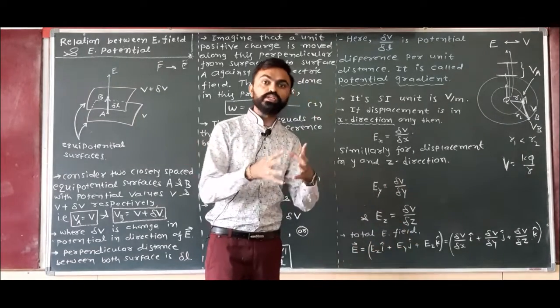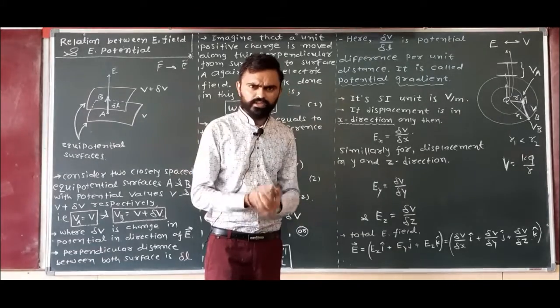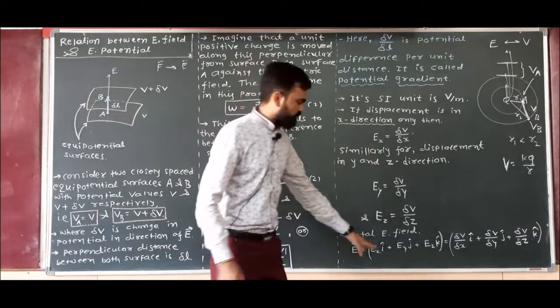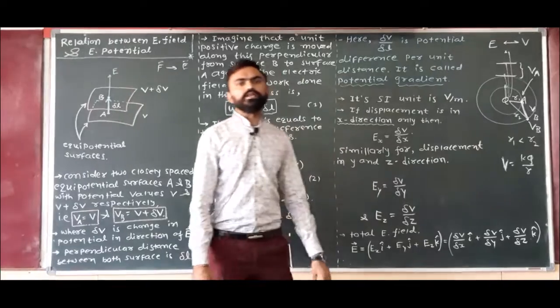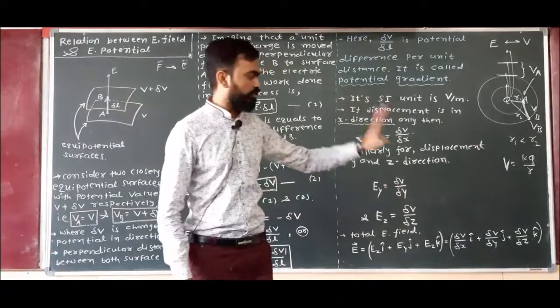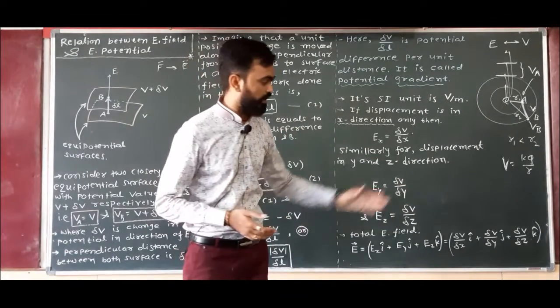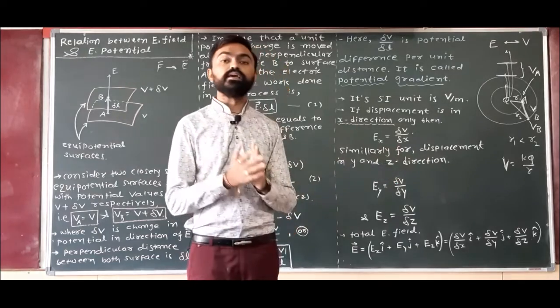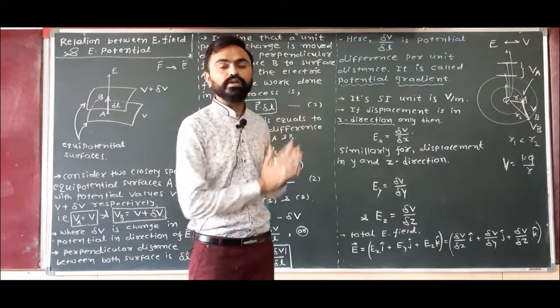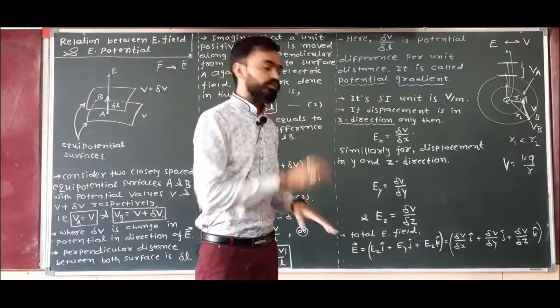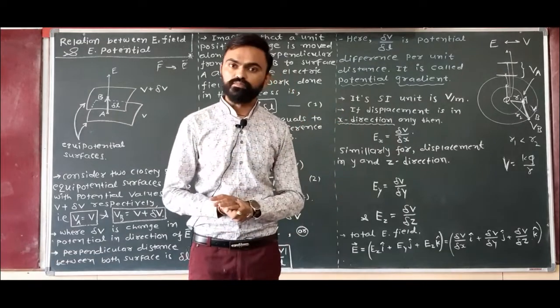This is the total electrical field in all the directions, right? Use this value here, we get it like this. It is delta V by delta x i cap, delta V by delta y j cap, and delta V by delta z k cap. This is the total electrical field. E is related to the change in potential V. You getting my point?